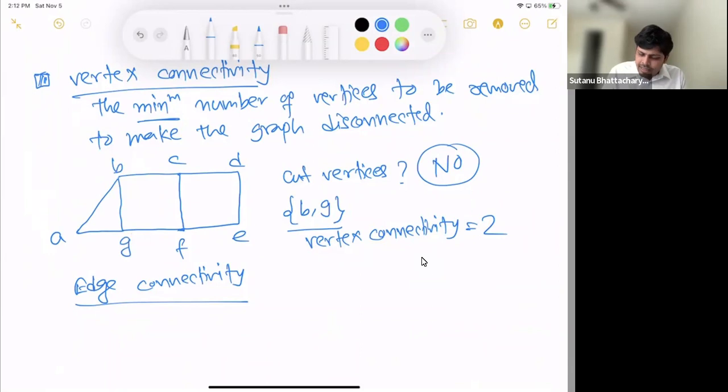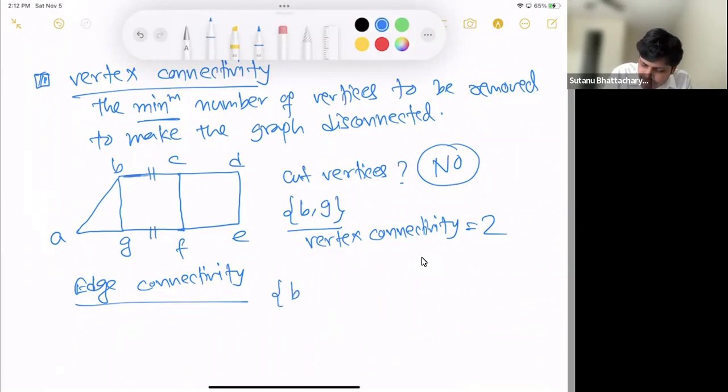If you can check, if you delete either BG or CF, then this graph will become disconnected. If you delete two edges at the same time, like BC and GF, yes, if you delete edges BC and GF at the same time, so let's delete them.